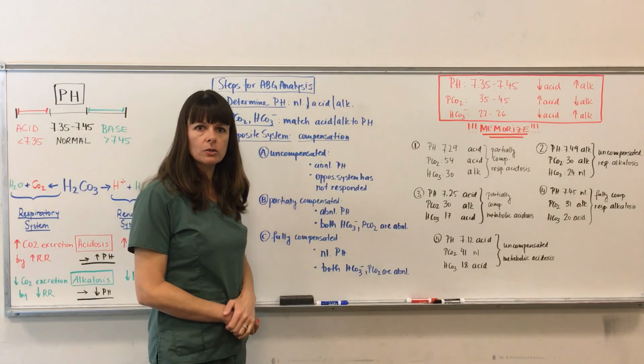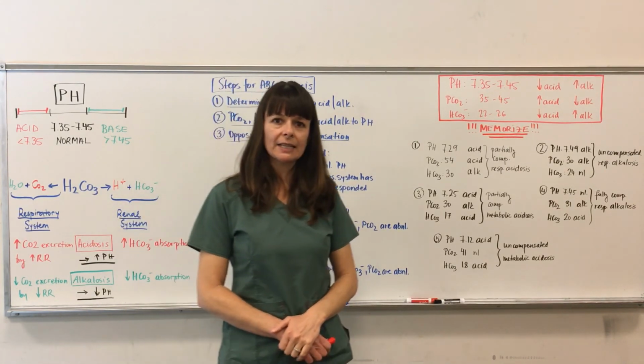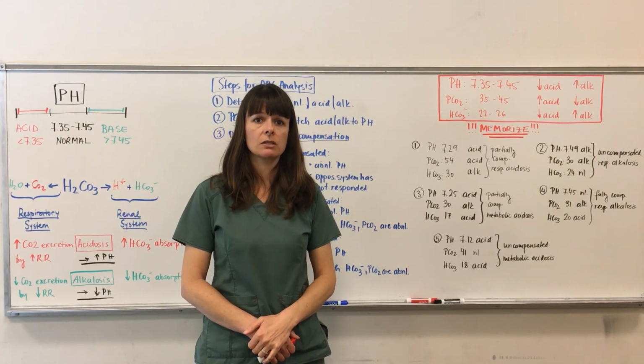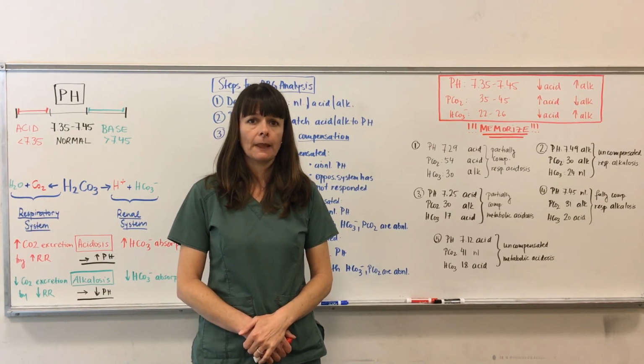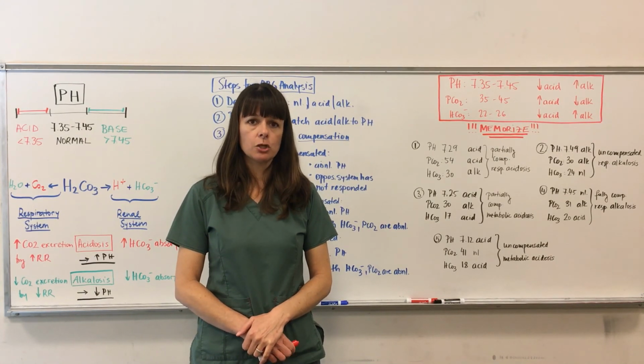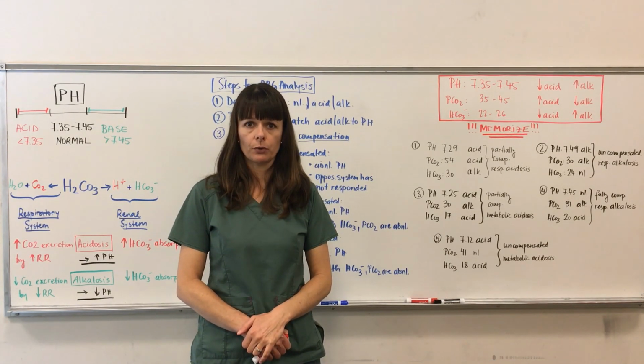I am also going to have another video that explains the different causes and reasons and nursing interventions for the different arterial blood gas abnormalities and abnormalities in pH and what we can do to resolve those.